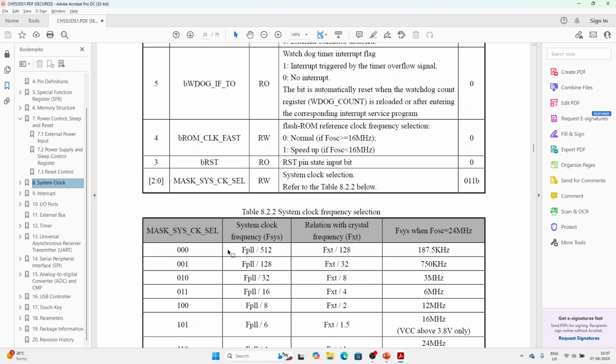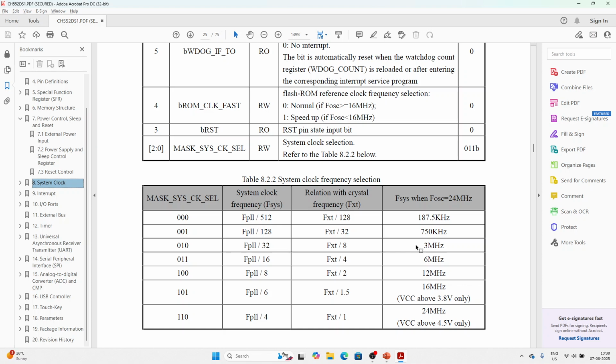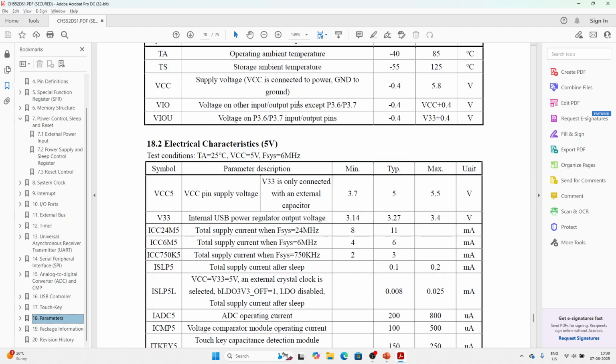So if we select system clock, we can get different frequencies to which we can work with, right? Usually we'll be utilizing 24 megahertz, and that would be internally kept. So then there is no parameters. This we had already gone through.